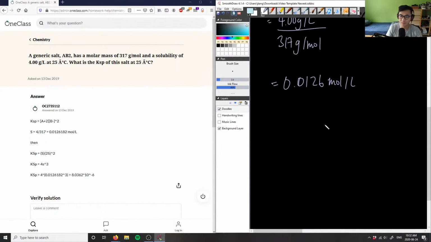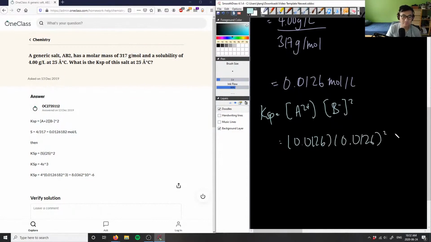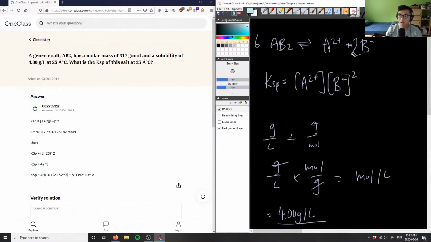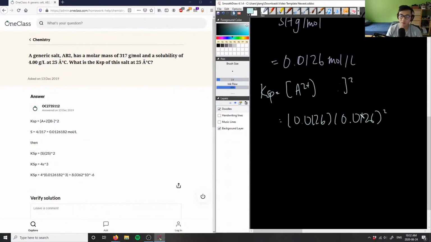Let me rewrite that here. 0.0126 is our x value. So this is 0.0126 multiplied by 0.0126 squared, but I'm missing a 2 in our formula, because we had the coefficient of 2 on this side, so that has to be reflected in our Ksp formula.